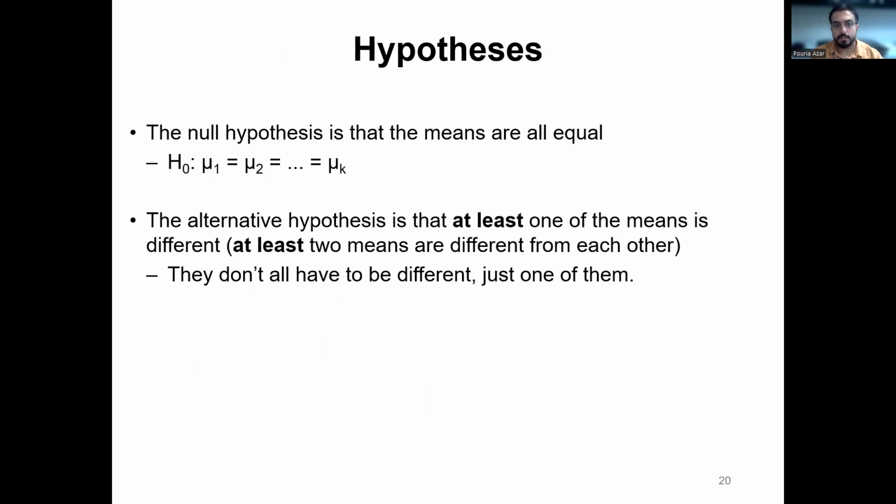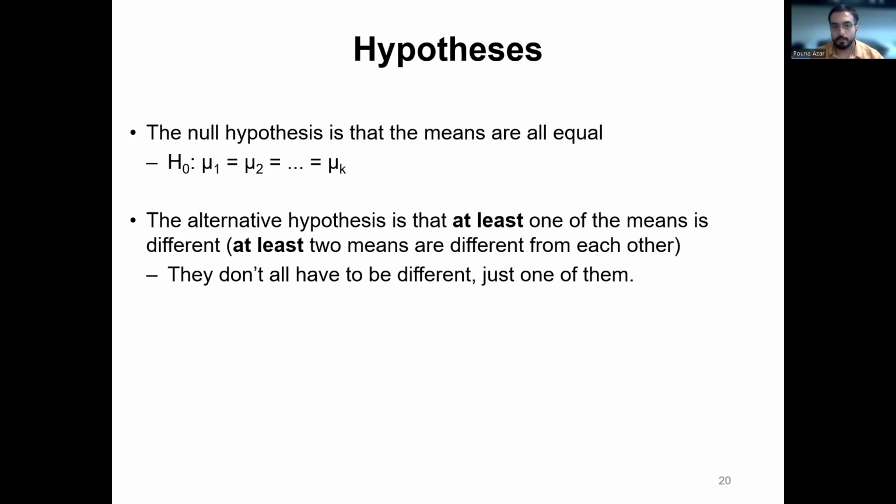So the hypotheses in ANOVA: we have a null hypothesis and an alternative hypothesis. The null hypothesis is that the means are all equal. So H0 is mu1 equals mu2 equals mu3 equals mu k, depending on how many groups we have.